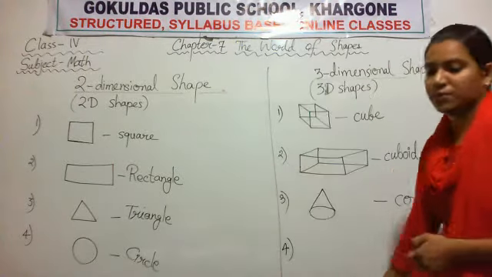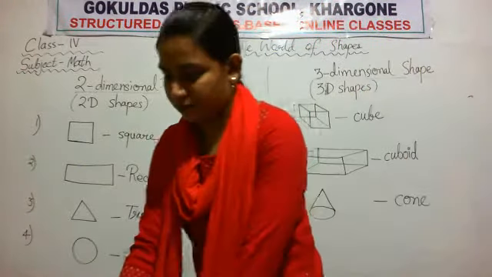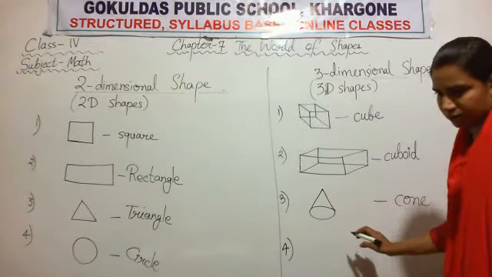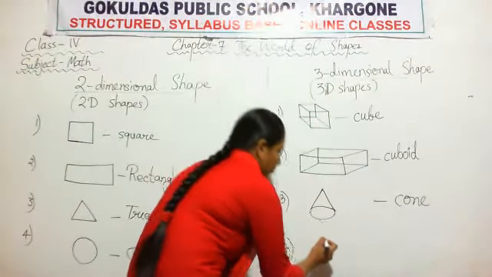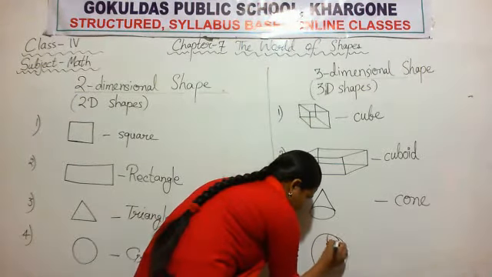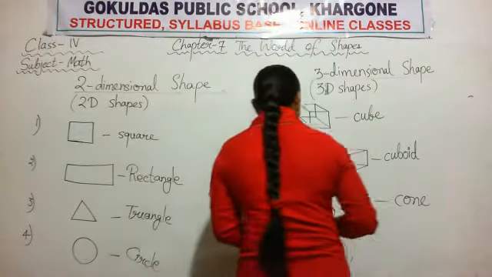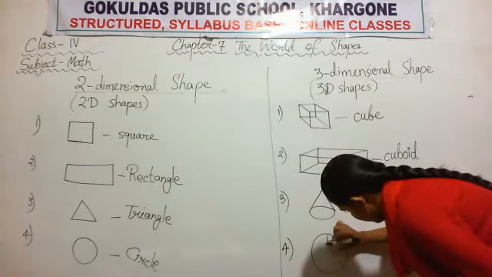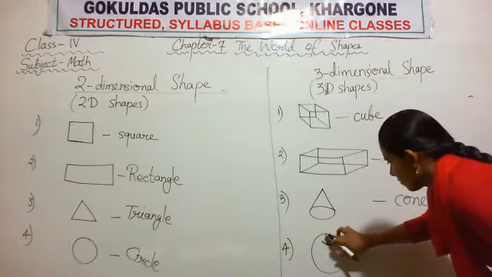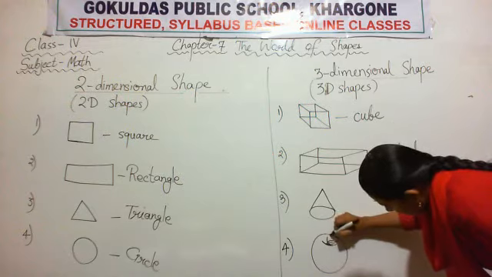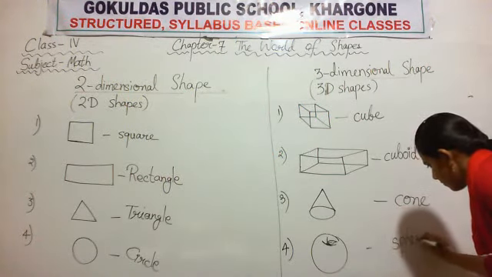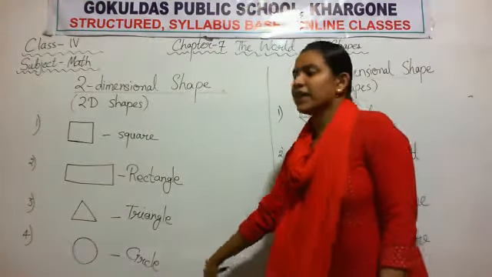And next one is sphere. Circle is a 2D shape.